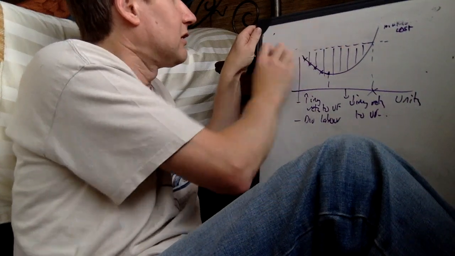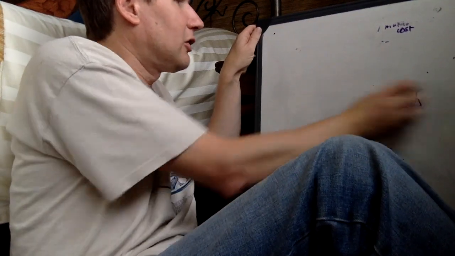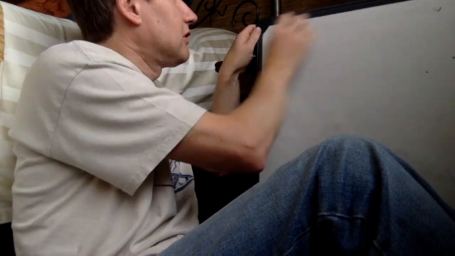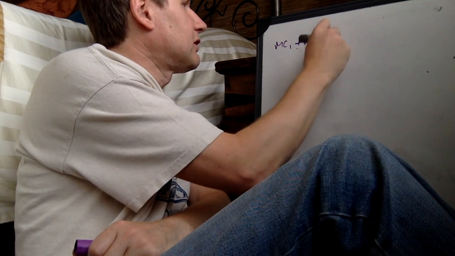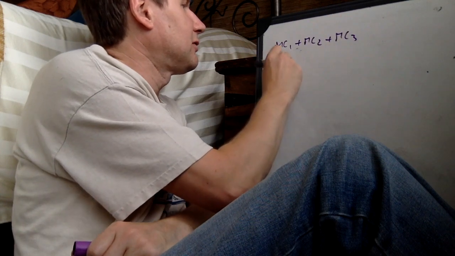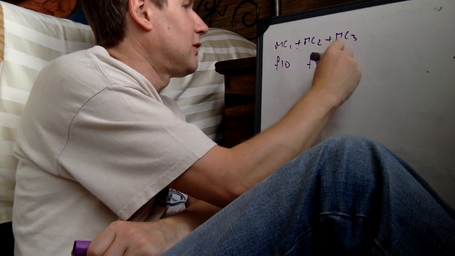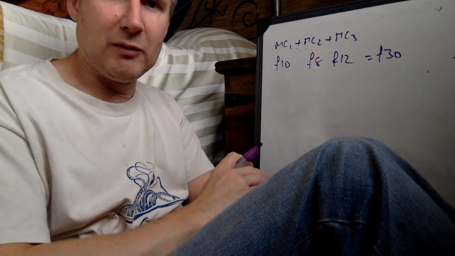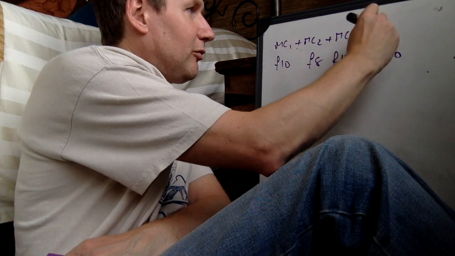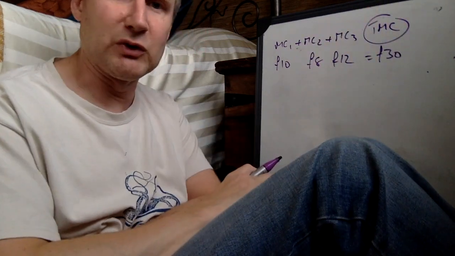It also matters because it contributes towards total cost. Suppose we take the marginal cost of the first unit and add it to the marginal cost of the second unit and the marginal cost of the third unit. Suppose that's 10, that's 8, that's say 12. That's 30 quid. What should we call that 30 quid? If we were logical, we'd call it total marginal cost, because it's all the marginal costs added up.